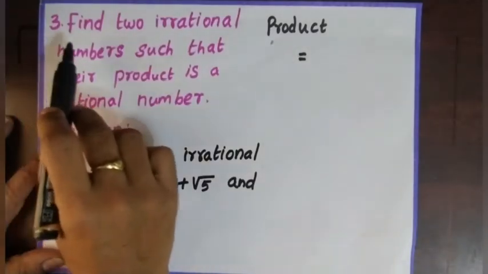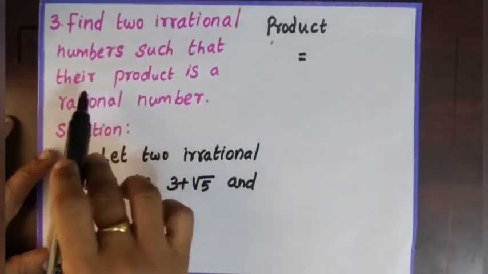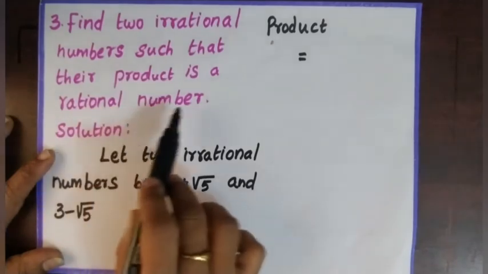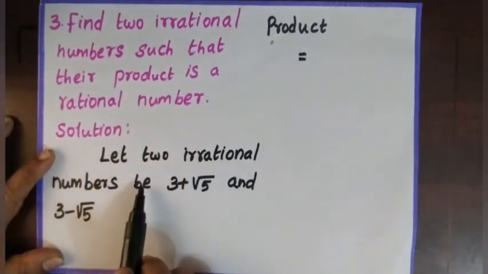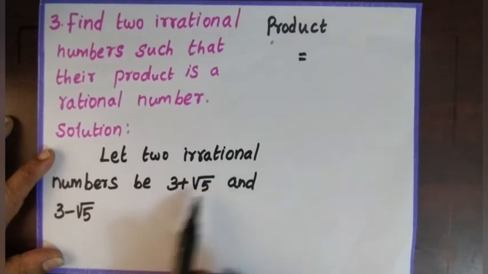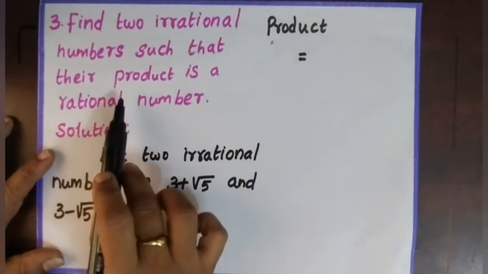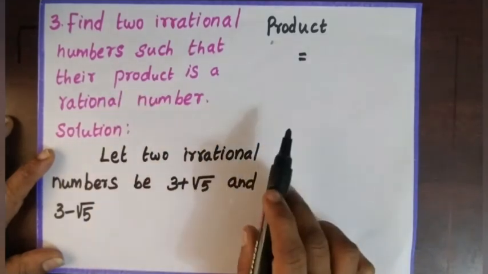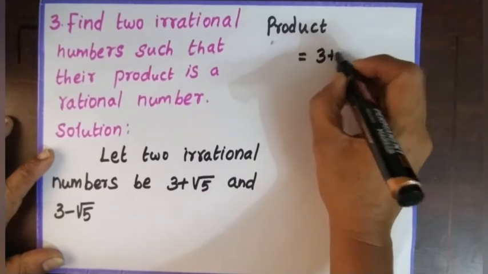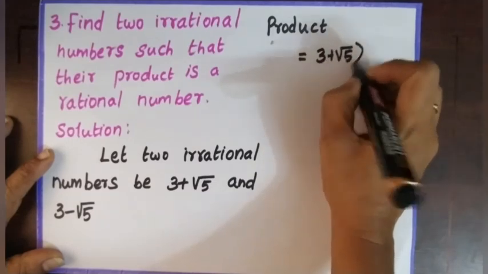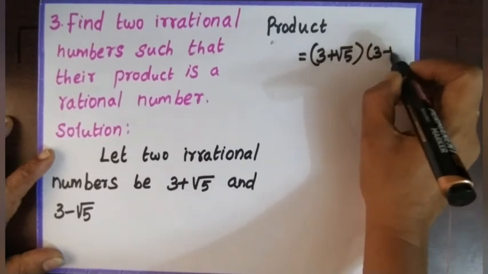Question number 3. Find two irrational numbers such that their product is a rational number. Let the two irrational numbers be 3 plus root 5 and 3 minus root 5. Now I need to find the product: 3 plus root 5 into 3 minus root 5.